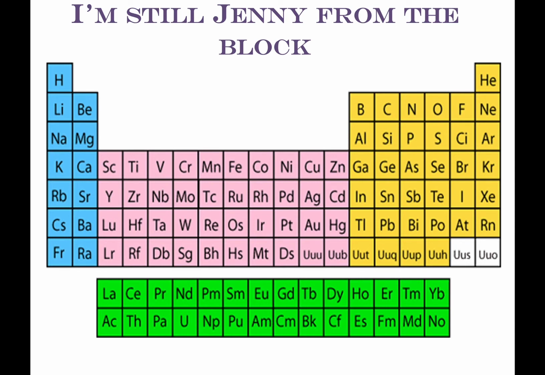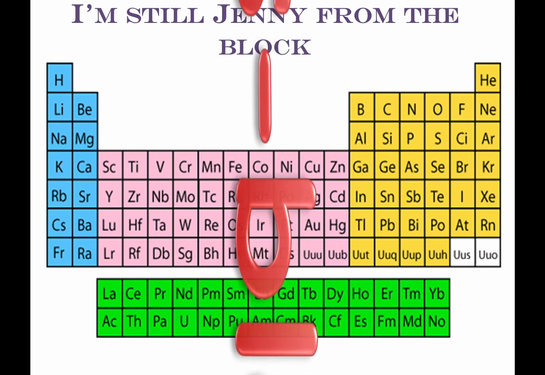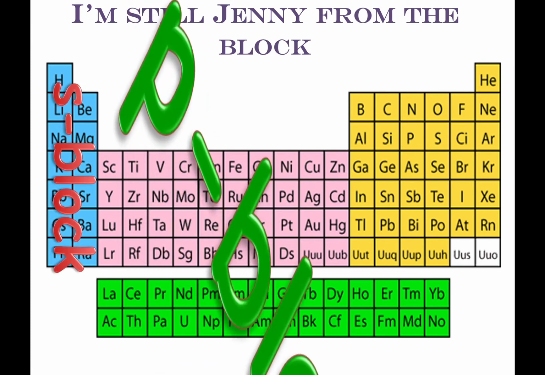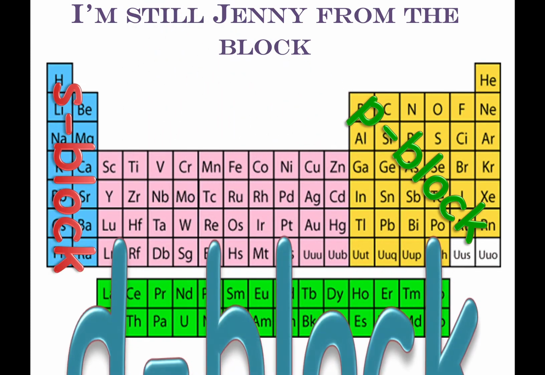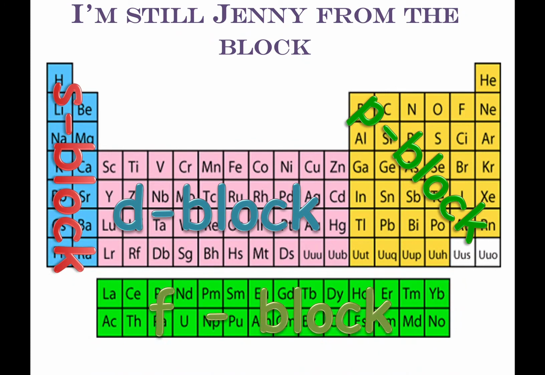I call this slide, I'm still Jenny from the block. We have the S block, the P block, the D block, and the F block. So when we get lost or confused, remember helium technically should be here for electron configuration purposes.